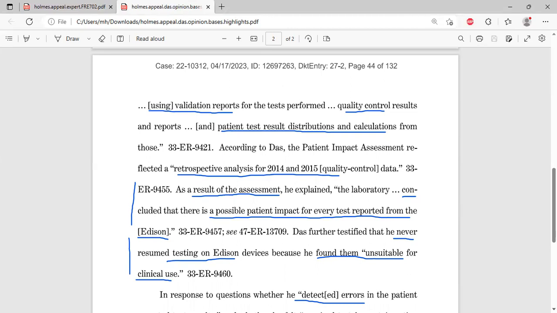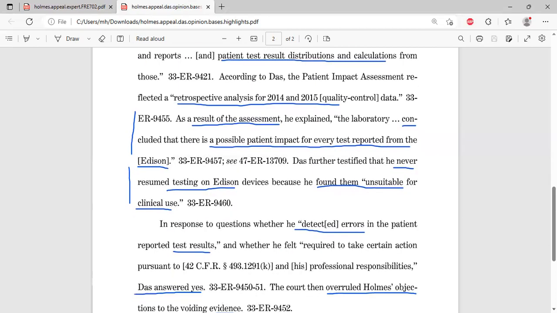As a result of the assessment, here's where his opinion comes in, he explained that the laboratory concluded there was a possible patient impact for every test reported, and that he never resumed the testing on the Edison devices because he found them unsuitable for clinical use. In other words, that the technology wasn't working accurately, right? And he recommended to Elizabeth Holmes that she void those test results.